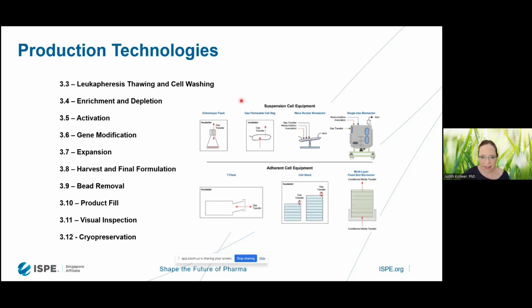Then we have the activation step, again, where we want to, for example, promote a particular cell phenotype. Here we mainly talk about the fact that we are adding growth factors, interleukins, maybe antigen-presenting cells to our cells.